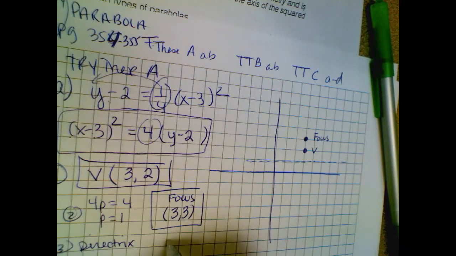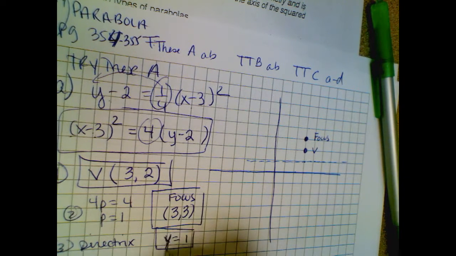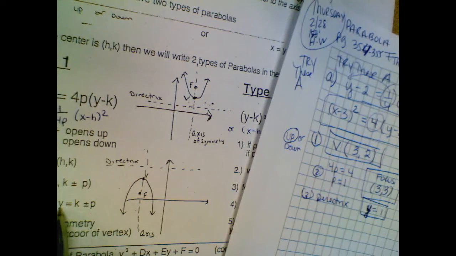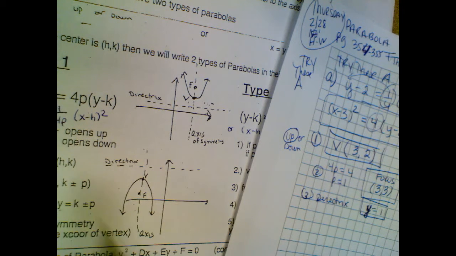So this is an equation, y equals 1. You can be looking at your notes: this is type 1. Notice that your directrix is y equals something, and your focus has the same x as your center, but you added 1 to that.